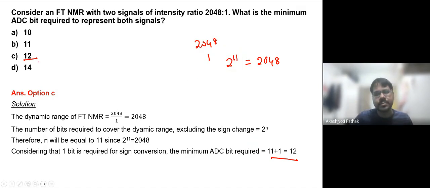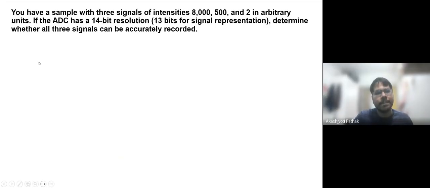Okay. So you have a sample with three signals of intensity 8502 in arbitrary units. If the ADC has a 14-bit resolution, 13 bits for signal representation, and 1 bit for the sign conversion, determine whether all the three signals can be accurately recorded.